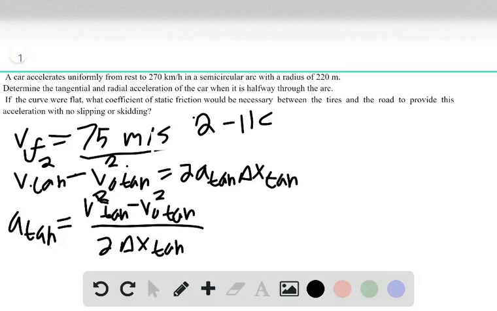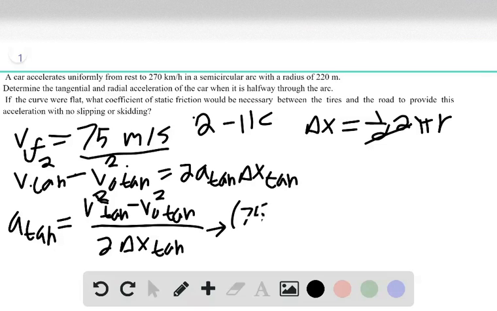And then we need to figure out what this delta x_tan is. So for tangentially, if we're traveling a semicircle, it's going to be 1/2 of the circumference. So 1/2 of 2 pi r, that's going to cancel, so it's just going to be pi r. So now let's go ahead and plug in our values.